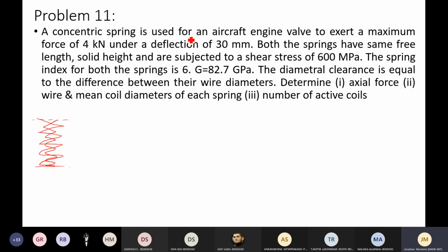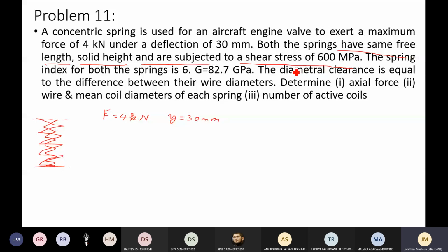Concentric spring is used for an aircraft engine, to exert a maximum force of 4 kilonewton. So F is around 4 kilonewton under a deflection Y of 30 mm. Both the springs have the same free length, the same solid height, and are subjected to a shear stress of 600 megapascals.